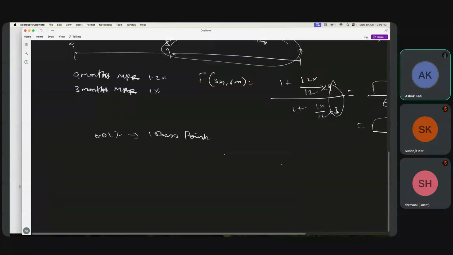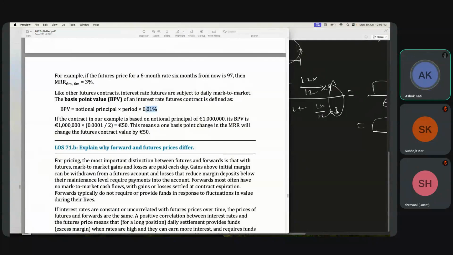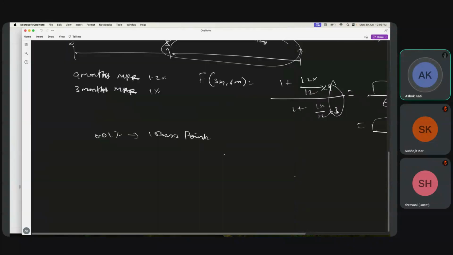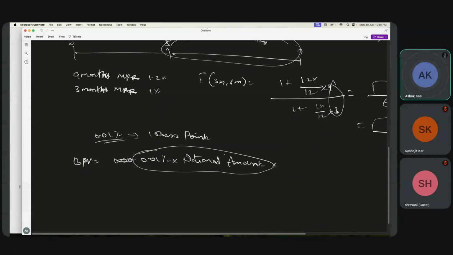Suppose it is moving up by 0.01 percentage interest rates, then what will be the movement? The movement will be, so basis point value is equal to 0.01 percentage of notional amount into, so this is for 1 year. Okay, because this 0.01 percentage is per annum, na?